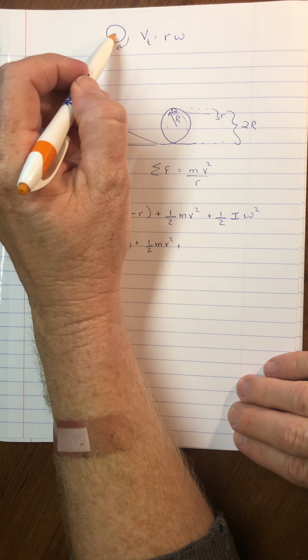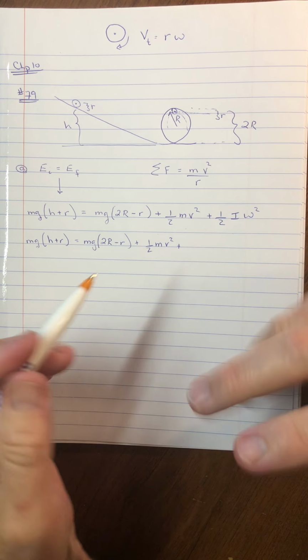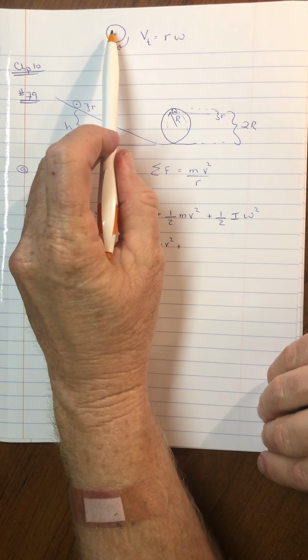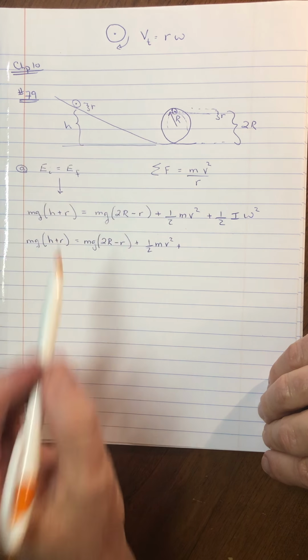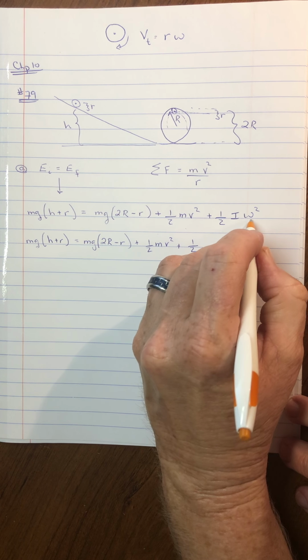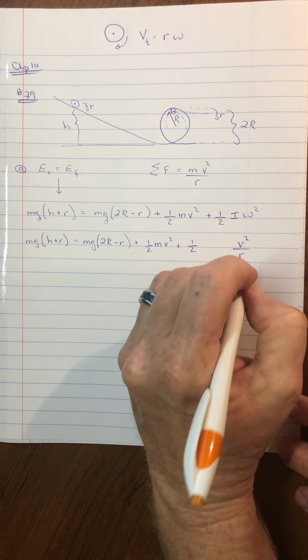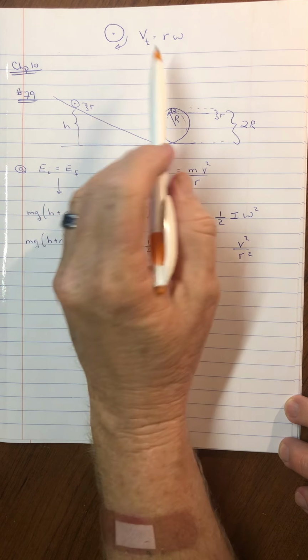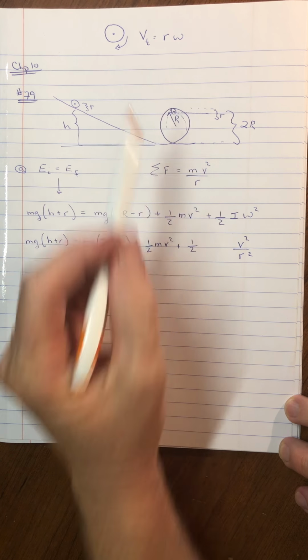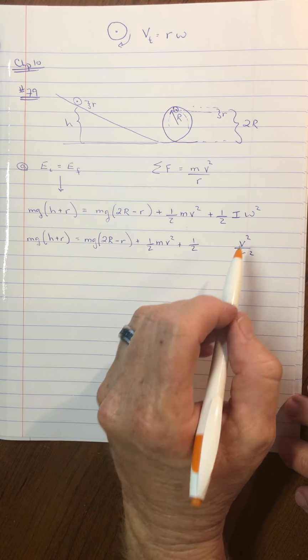And so if the object, and this is important, rolls without slipping, there's a direct connection between its translational speed and its rotational speed. So I'm going to take advantage of that by putting in here for the omega, the v over r. And so right here, the omega, the v over r, so that would be a v squared over an r squared. So that's the omega squared.